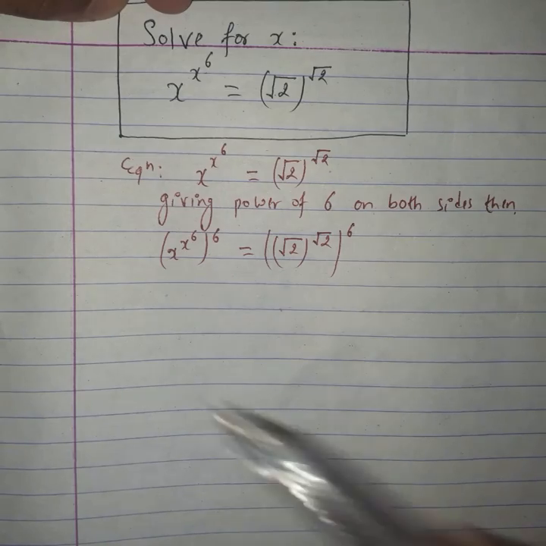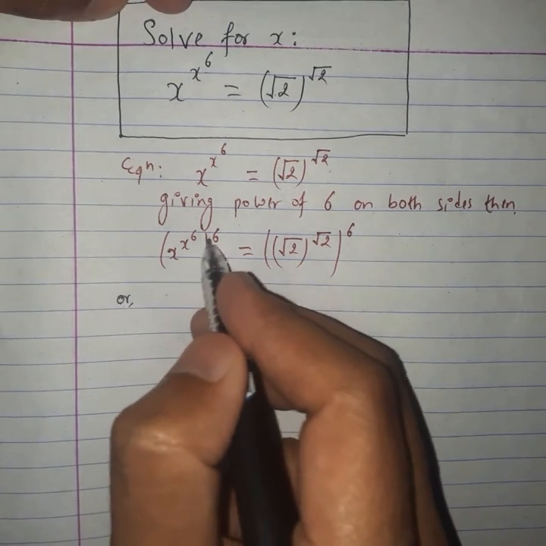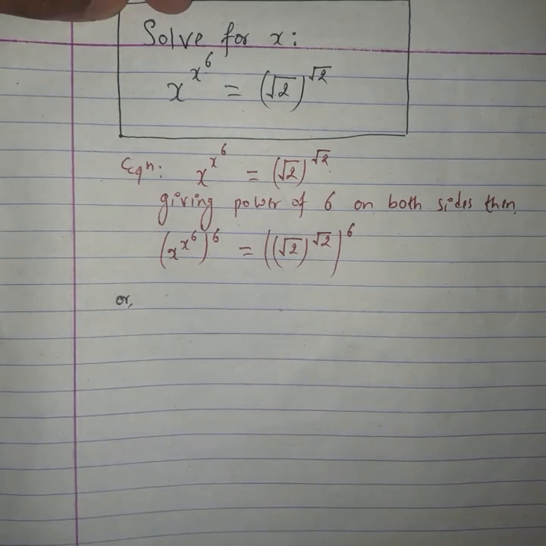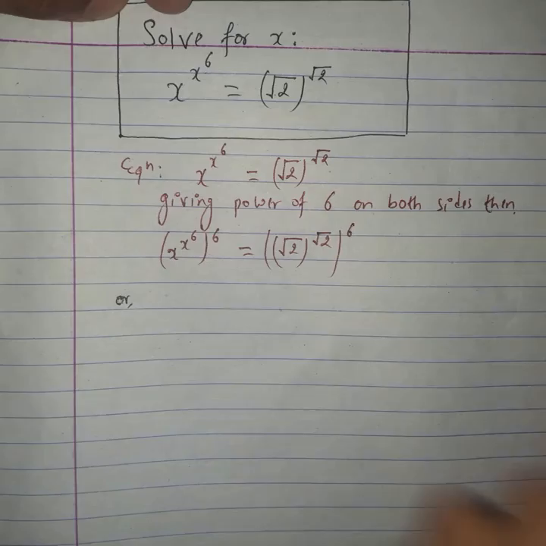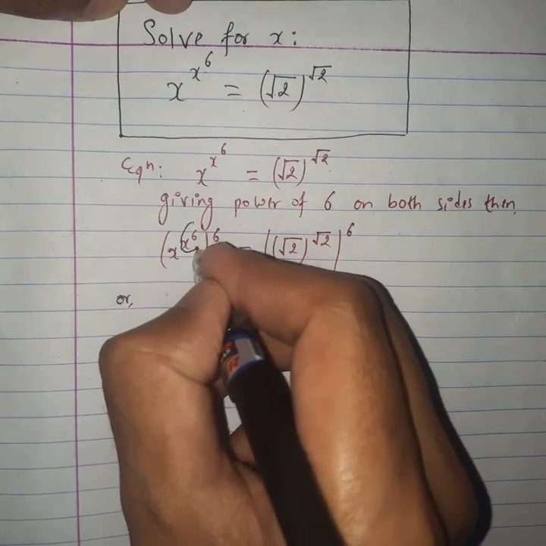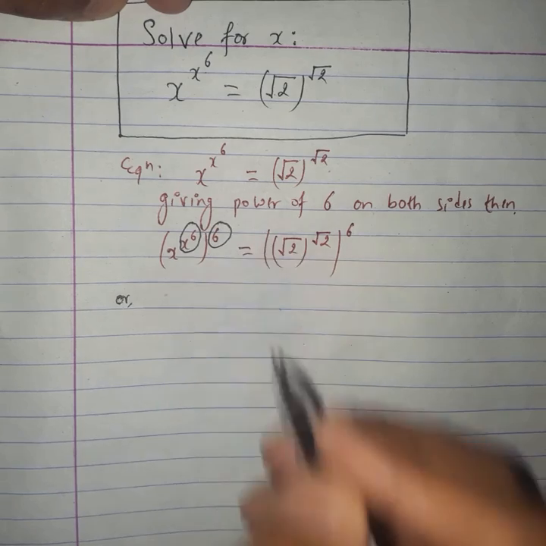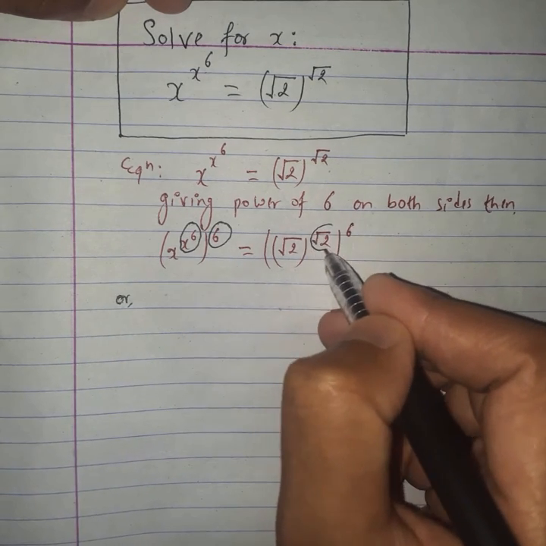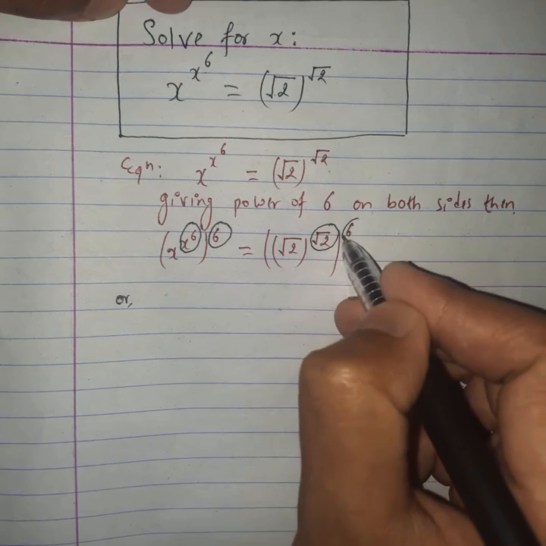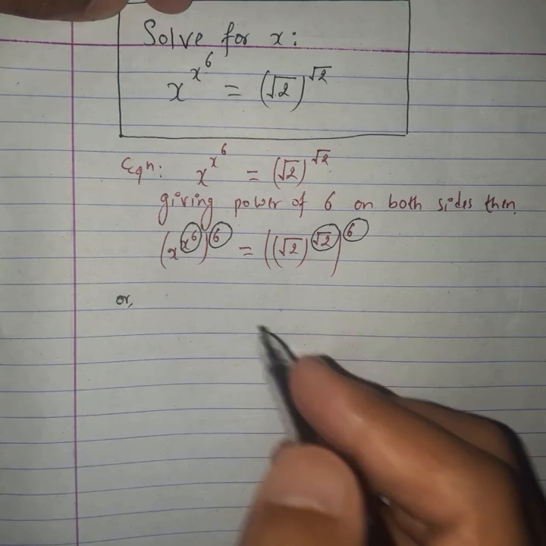Here the power is given to the power, we can use the power to power law. One power is x to the power of 6 and the other power is 6, and here is also the same case. One power is square root 2 and the next power is 6. So we can apply the power to power law.